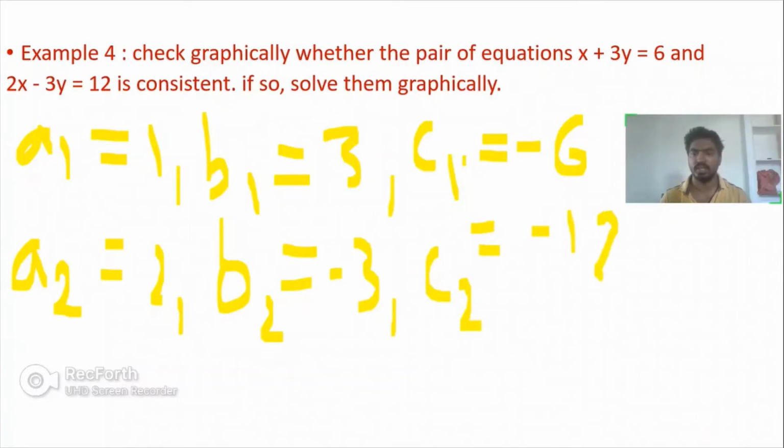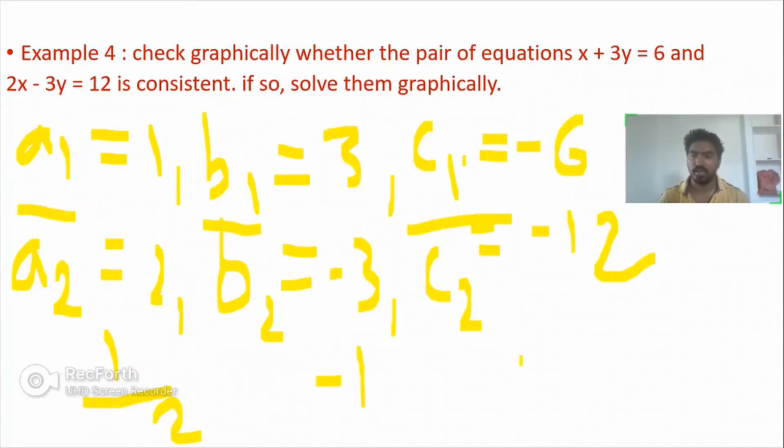So now we can clearly observe that a1 by a2 is equal to 1 by 2, b1 by b2 is equal to minus 1, and c1 by c2 is equal to 1 by 2.